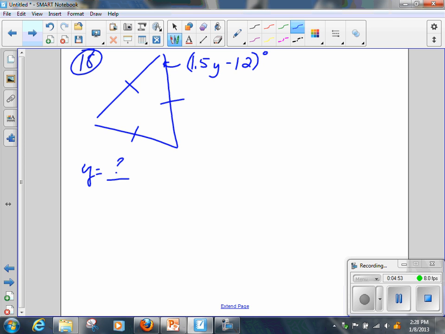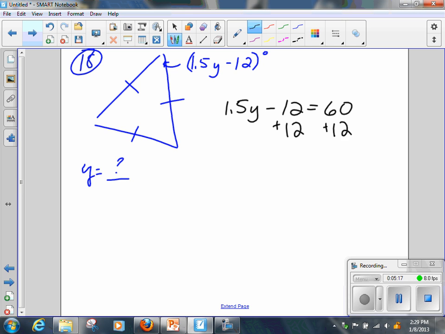How are we going to find y? Say it again. Because all the angles are equal to 60. You're exactly right. That's the easiest way to do that problem. Do you guys see that? Do you understand that? Yeah? So now the geometry's done. Now it's just algebra. Here we go.